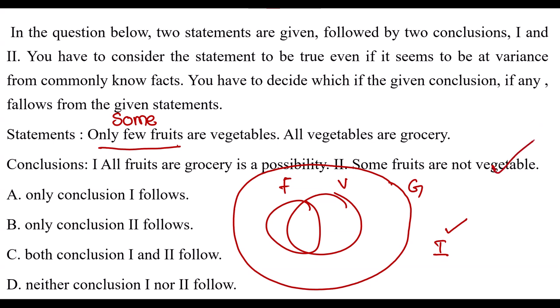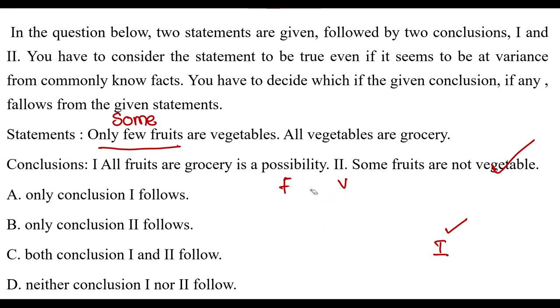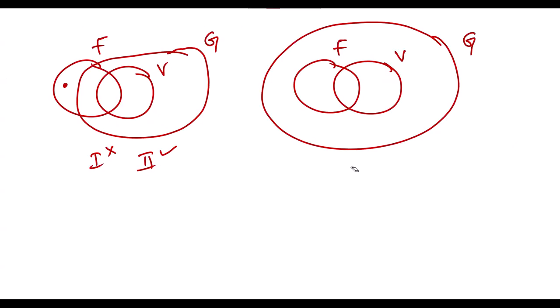I think the second one we can go, but for the first one, when there is a word called possibility, satisfying one diagram is also okay. So here the second one is true, and the first one is also true here. Some fruits are vegetables, only few fruits are vegetables, let it be. All vegetables are grocery.